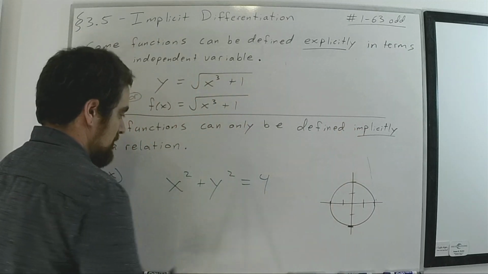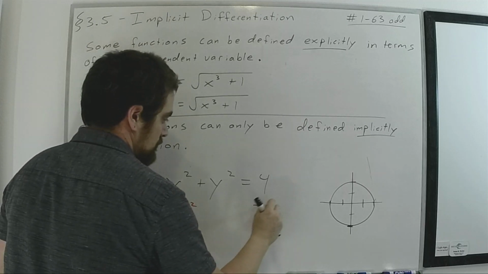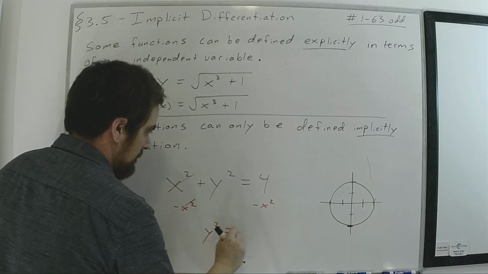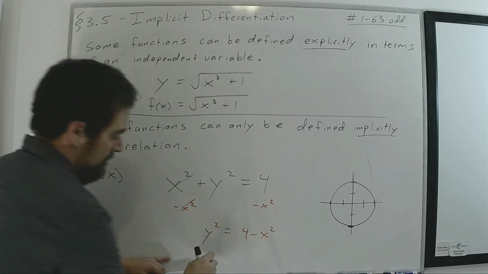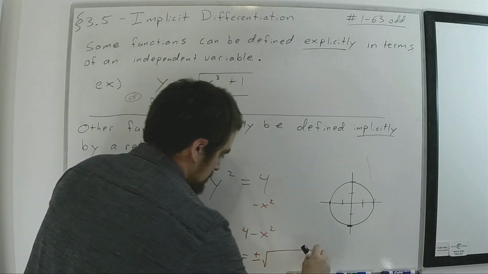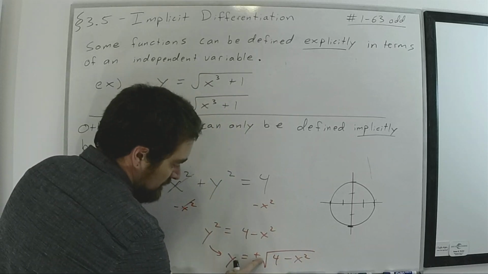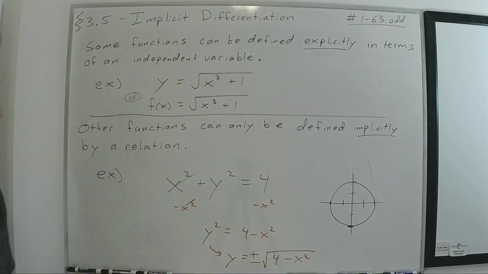And what I mean by that is, if I were to take this and try and solve explicitly for y, I would run into something of the form y is plus or minus the square root of 4 minus x squared, where this plus or minus, to make it stick out a little better, is really what's hurting us.